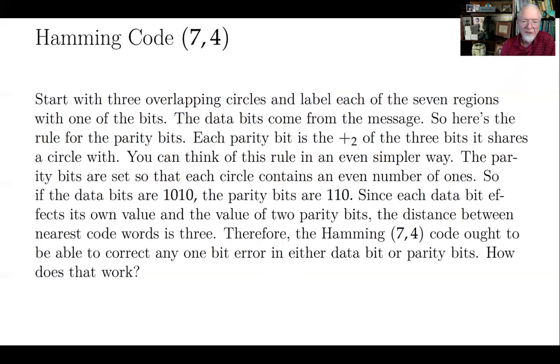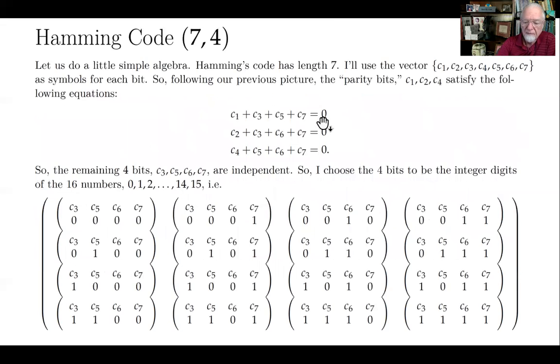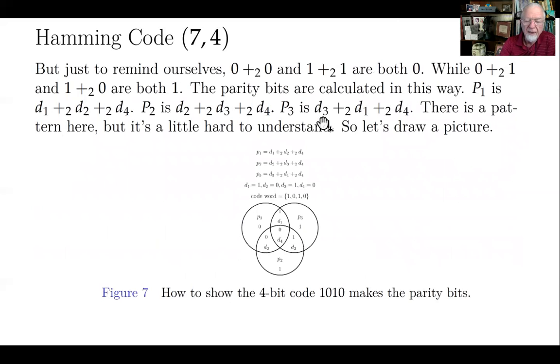Each one of those 7 regions has one of the bits, and the data bits come from the message. The code 1010 is one of the 16 possible ones in here.